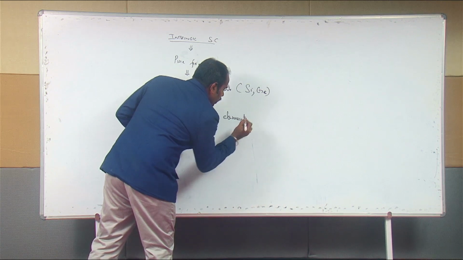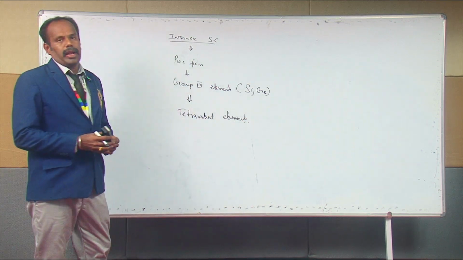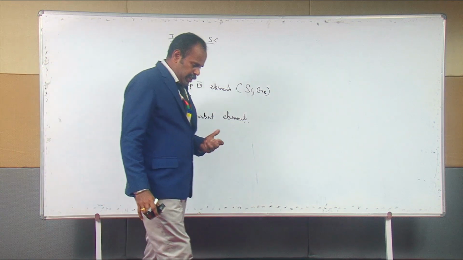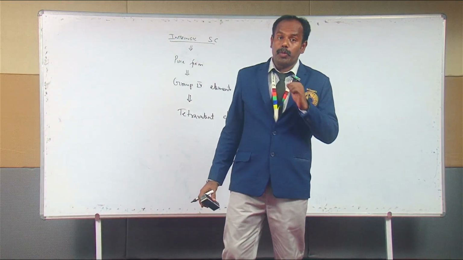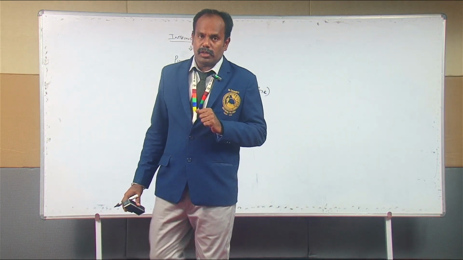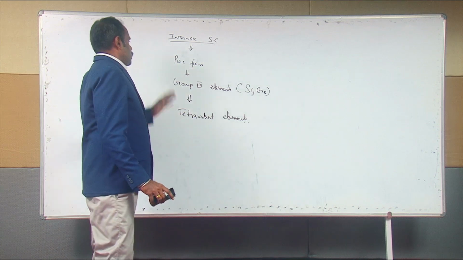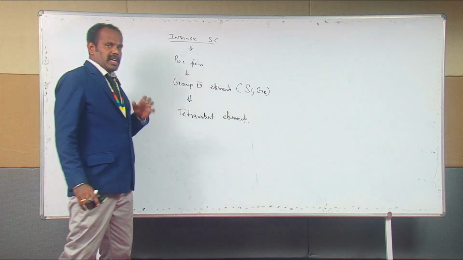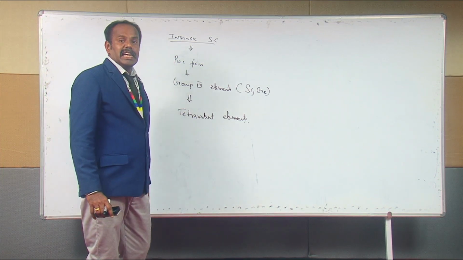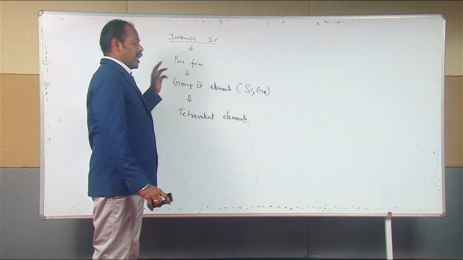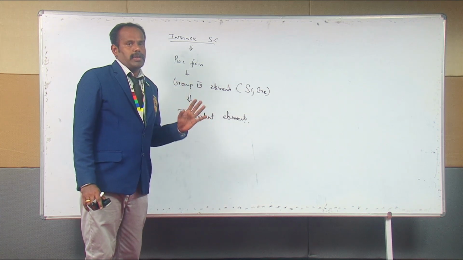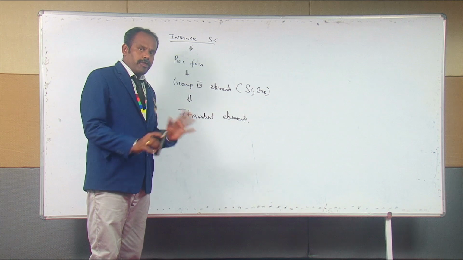So what is the meaning when you say an atom is tetravalent in nature? It means that it possesses 4 valence electrons, right? These are the most important key points that we must know related to intrinsic semiconductors. First, it is the purest form of semiconductor without any presence of impurities.